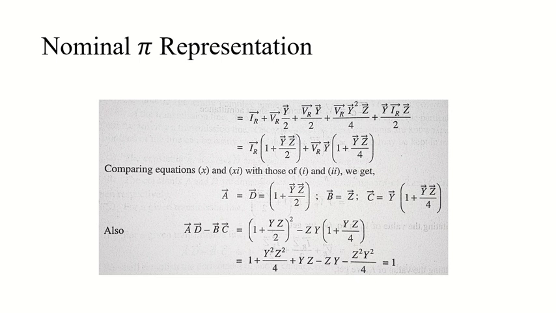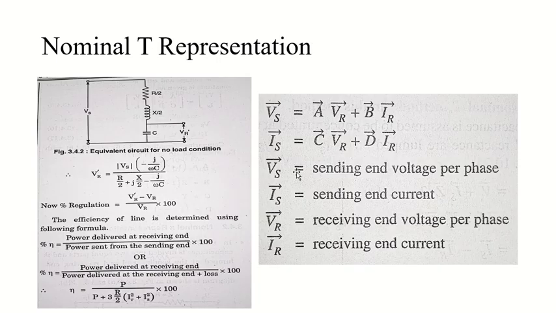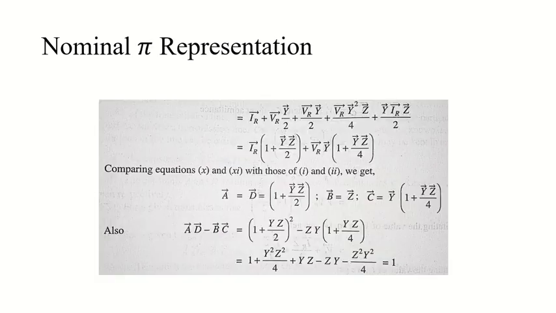Let's see it one more time. What was the multiple of IR? D. What was the multiple of VR? C. Right. So we will get 1 plus yz by 2 as A, and y into 1 plus yz by 4 as C, and A and D will be equal, so 1 plus yz by 2, and B will be plainly z.